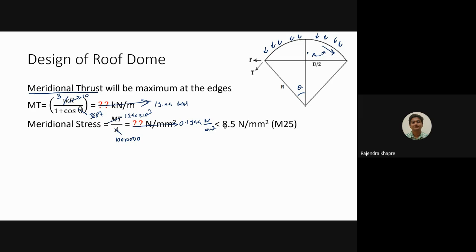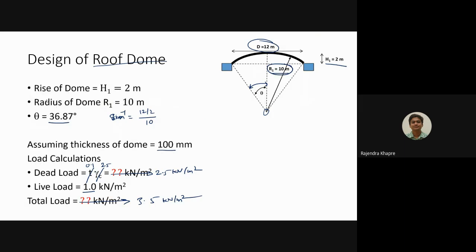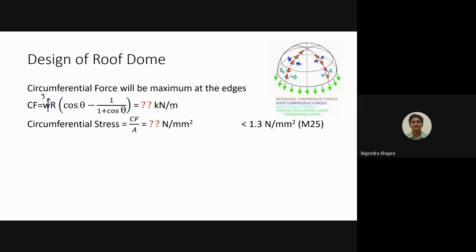Okay, now let us quickly see the circumferential stresses also. If you remember, we calculated circumferential stress using this expression, where W is I think 3 or 3.5. So here also you will get 3.5. This value will slightly increase, but definitely it will be within the permissible limit.